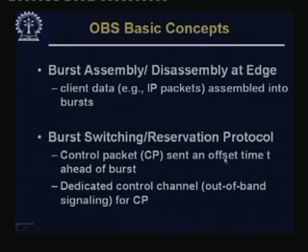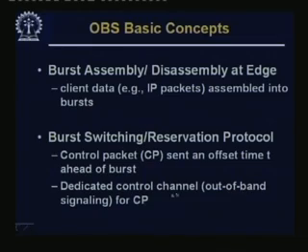Within this offset time, all the switches down the line will do their programming, that means they will set up their mirrors or cross connects etc. So that later when the burst does arrive, we do not have to do any processing on it, and if we do not have to do any processing, we do not need to store it either. So, it can go straight away in the optical domain, with a dedicated control channel, out of band signaling, for the control packets.